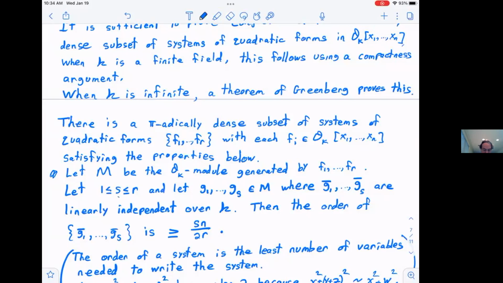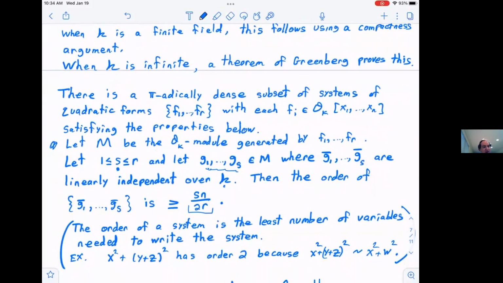For every S between 1 and R, let G1 through GS be arbitrary O sub k linear combinations of F1 through FR, where G1 bar through GS bar are linearly independent over the residue field. Then the order of G1 bar through GS bar is at least this funny looking quantity right here.